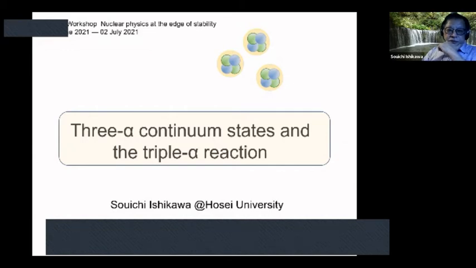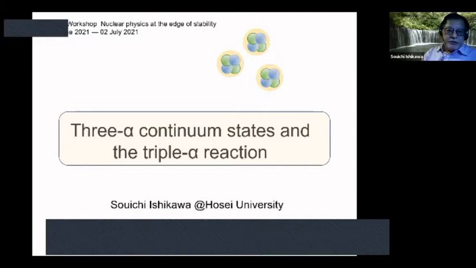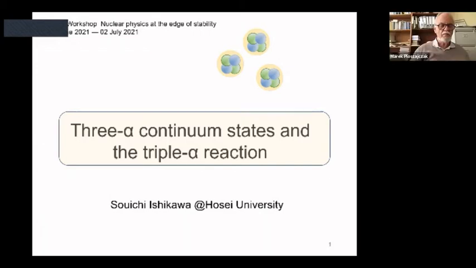First of all, I would like to thank the organizer for giving me a chance to talk in this workshop. My talk will be related to 3 alpha models of the carbon-12 nucleus.